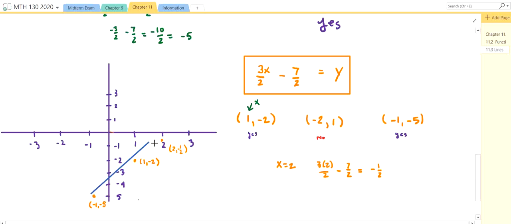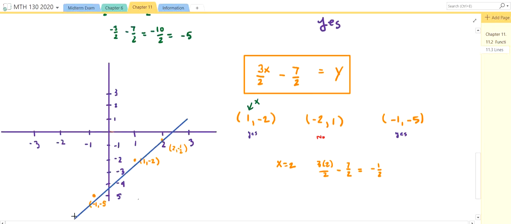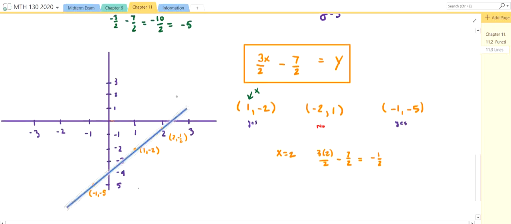Fall on this line here. All the points that satisfy that equation end up falling on this line here, this blue line. So if I were to choose 3, we would end up somewhere around here, somewhere around 1 should be the answer.